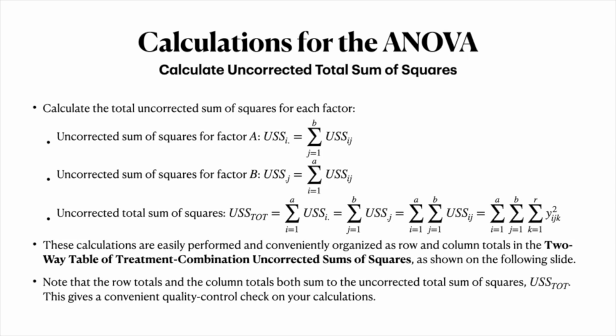These calculations are easily performed and conveniently organized as row and column totals in the two-way table of treatment combination uncorrected sum of squares, as shown on the following slide. And again, let me just point out that the row totals and the column totals both add up to the uncorrected total sum of squares, USS tot, and it's good practice to calculate both of those sums to make sure we get the same value, because that gives us a convenient quality control check on our calculations.